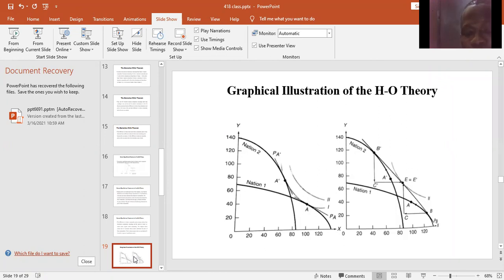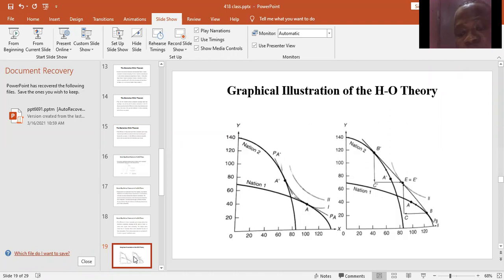Let's move to the second graph, at the right side of the panel. Under this graph, the two nations have started to engage in international trade. And the fundamental information about the first utility curve is still there. We still have A factorial and A as the earlier optimum level of satisfaction, the optimum satisfaction before international trade.